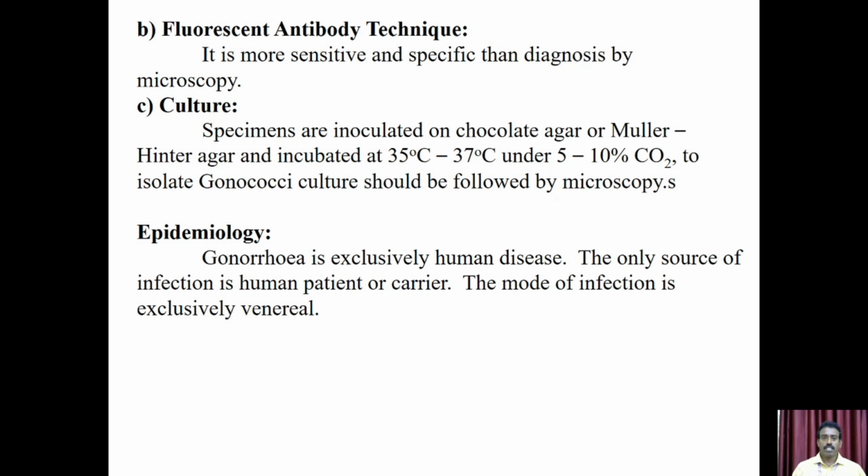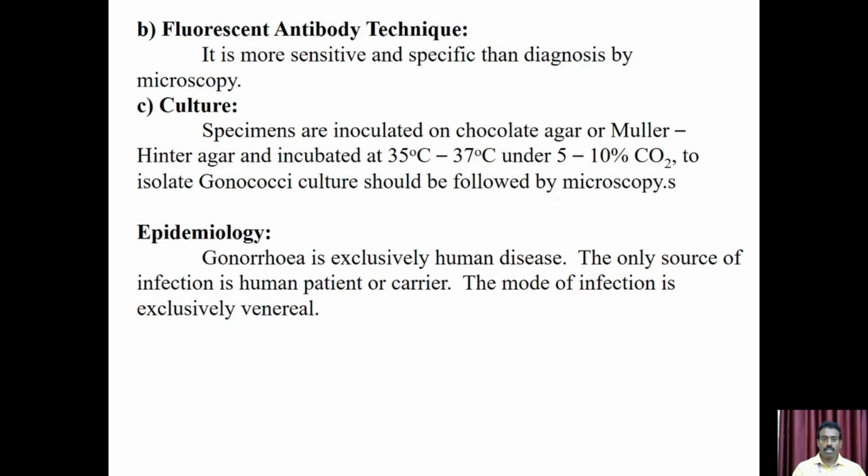Cultural method. The specimens are inoculated on chocolate agar or Mueller-Hinton agar and incubated at 35 to 37 degrees Celsius under 5 to 10% carbon dioxide. To isolate the gonococci, culture should be followed by microscopy. Epidemiology. Gonorrhea is an exclusively human disease.